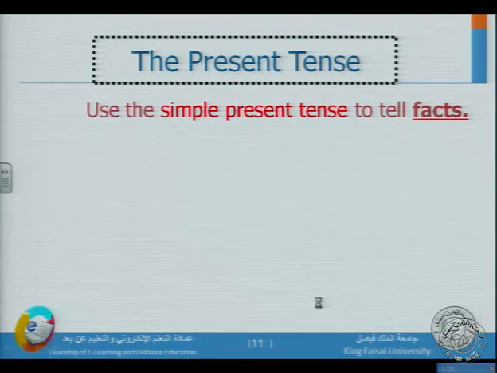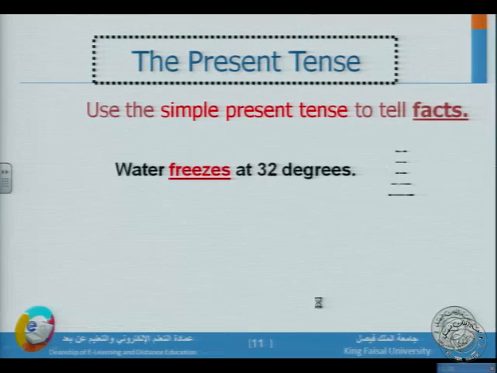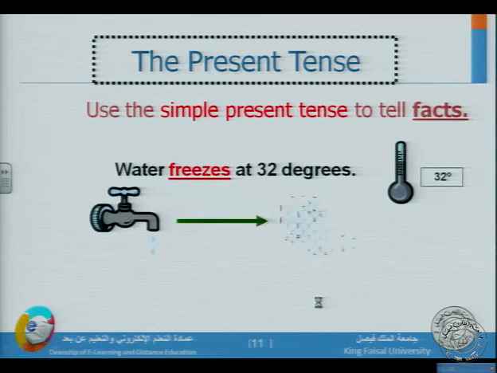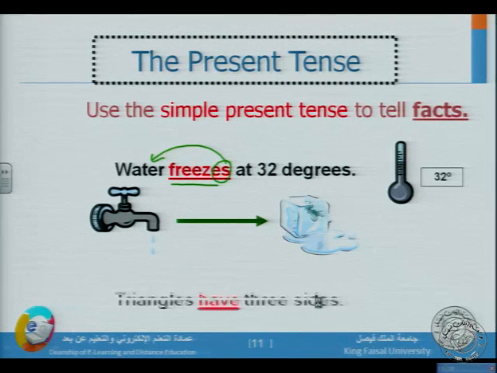So again, we use the simple present tense to tell facts. Like this one. Water freezes at 32 degrees. Water freezes. مفرد الwater. Okay? Water freezes at 32 degrees.